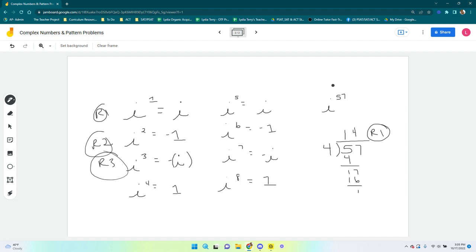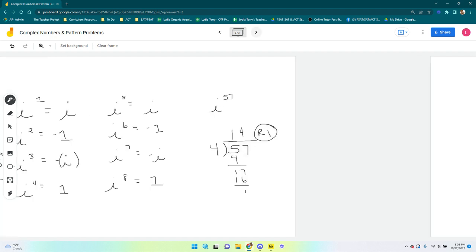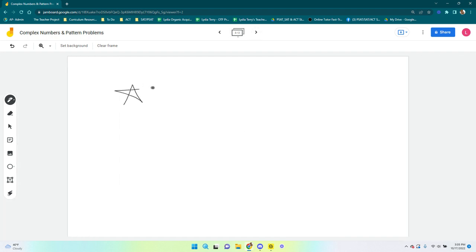Now, you can see pattern problems in a lot of things that aren't just i. Let's say we have this pattern problem right here. I need to think of another shape, like a Saturn. Okay. And this pattern repeats forever. And you're asked to find the 1,000,003rd in the pattern.